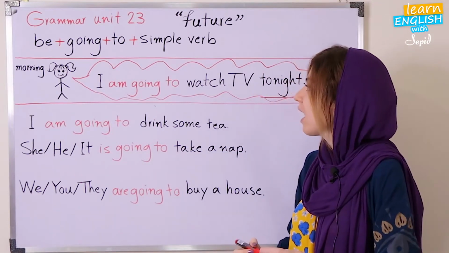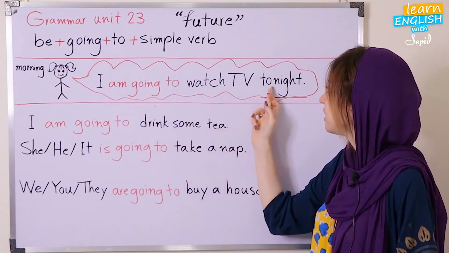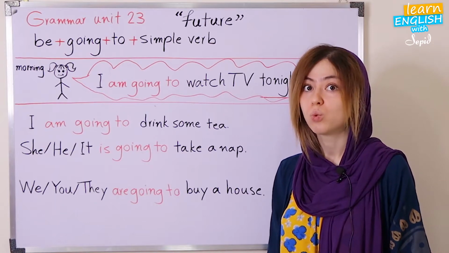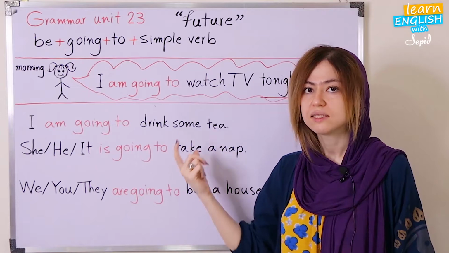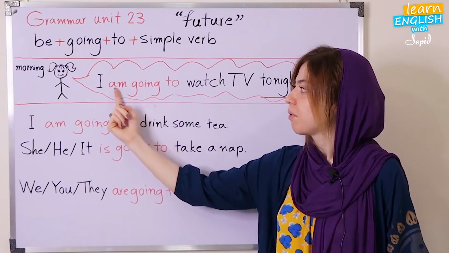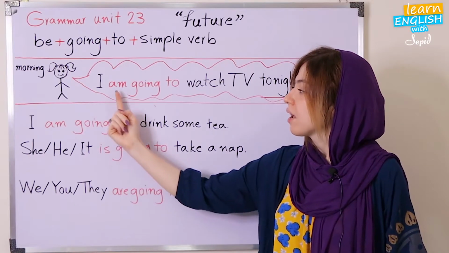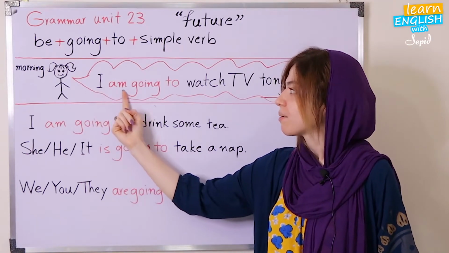Let's go. I am going to watch TV tonight. So, I'm going to watch TV tonight. In this formula, you can see that be going to is the fixed part. Be means am, is, are. Based on your subject I, we use am here.